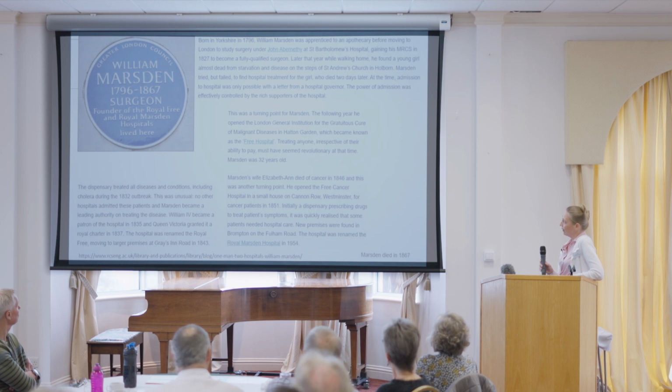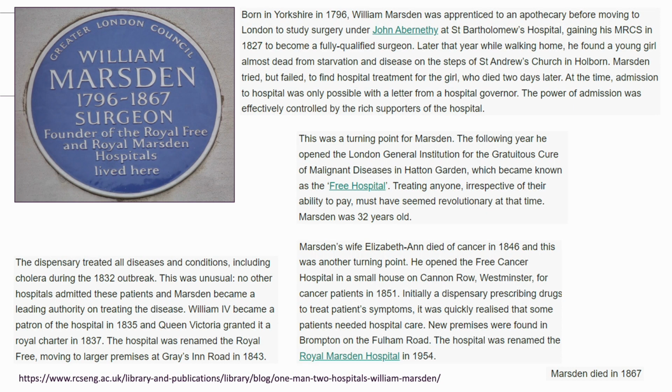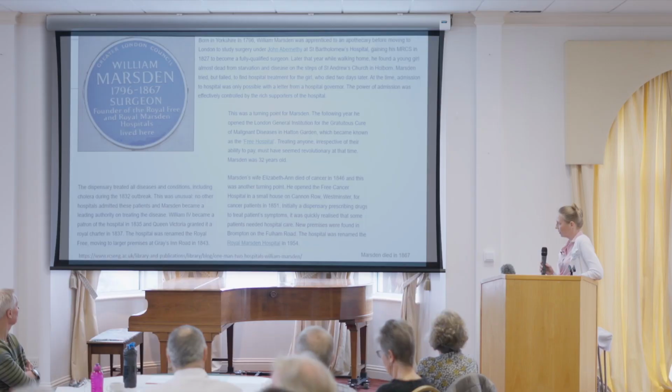He opened a free institution, which then was renamed in 1837 after Queen Victoria granted it a royal charter. Marsden treated all the patients free, despite they even had the outbreak of cholera at that time. The hospital was then renamed and it is Royal Free Hospital, the famous hospital in London.